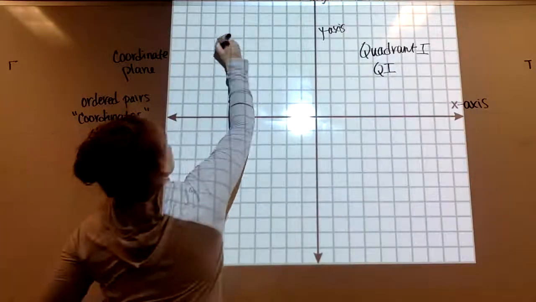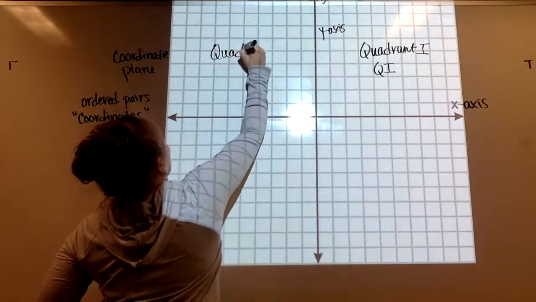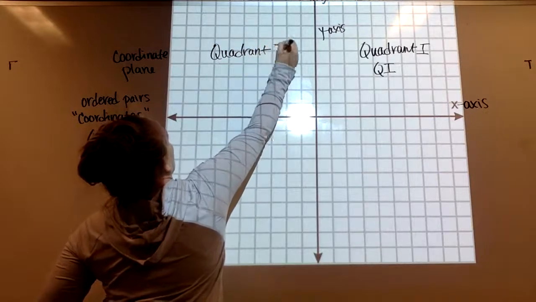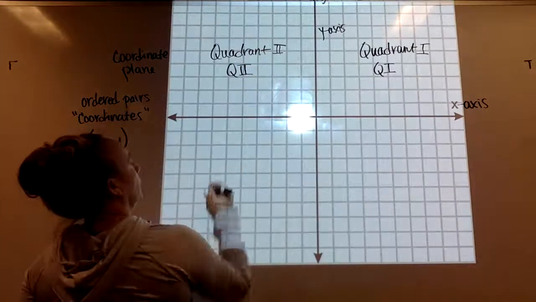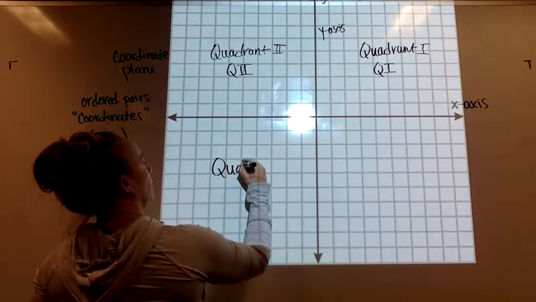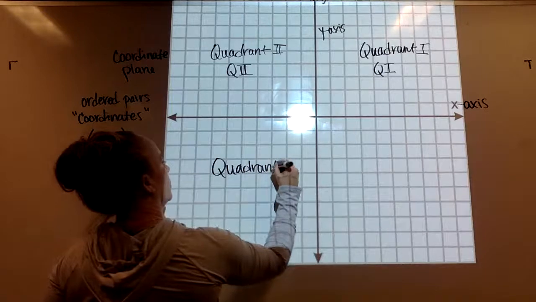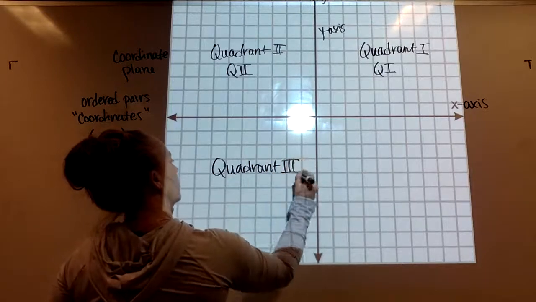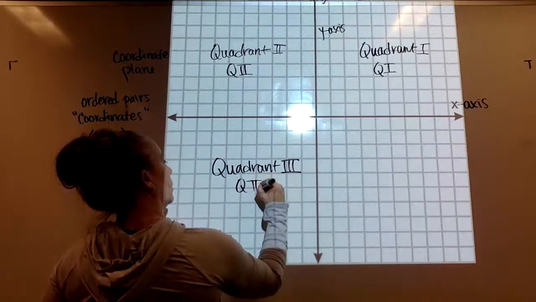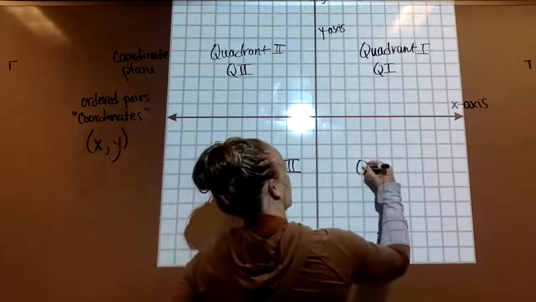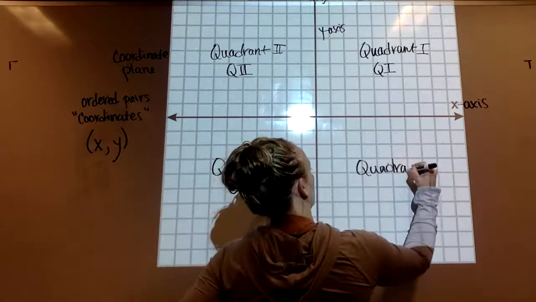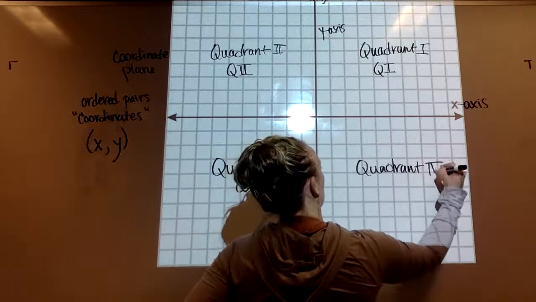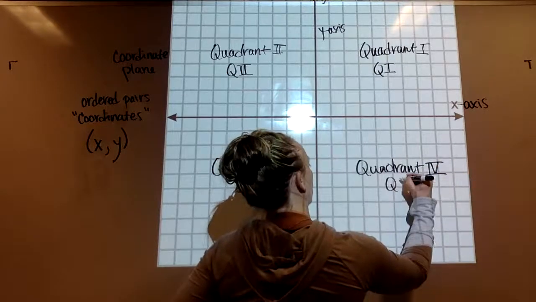This over here is quadrant 2, or Q2. Then we have quadrant 3, or Q3, and we have quadrant 4, or Q4.